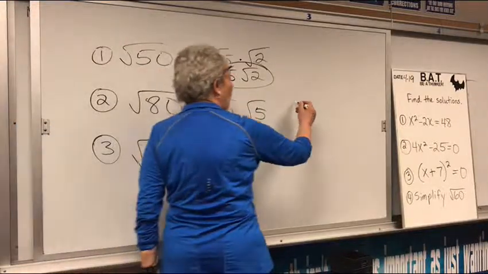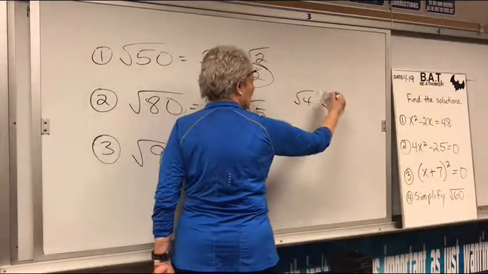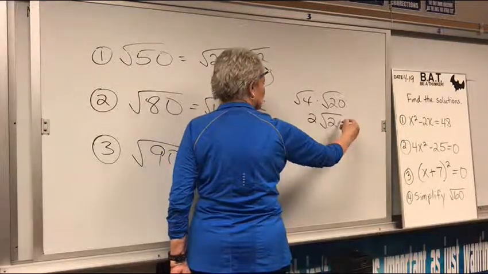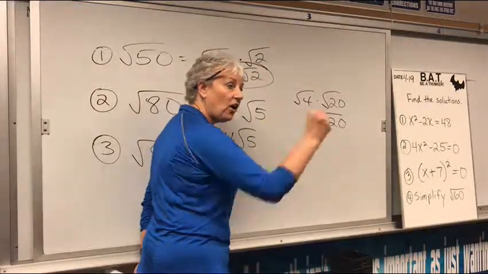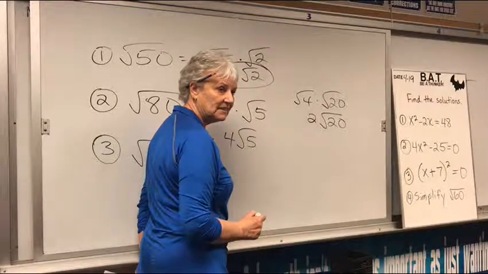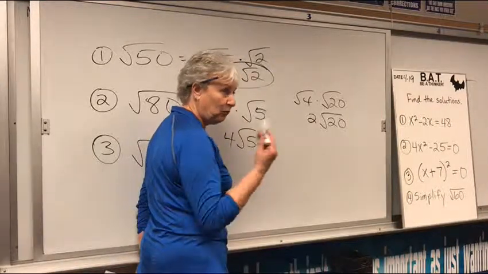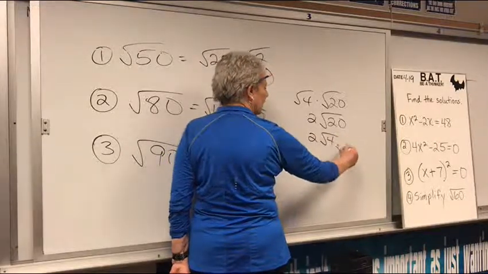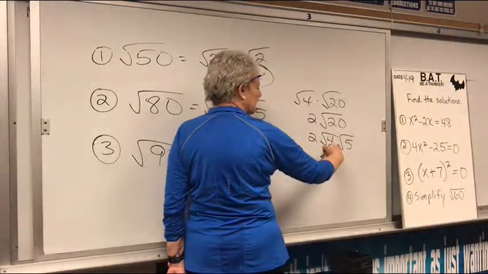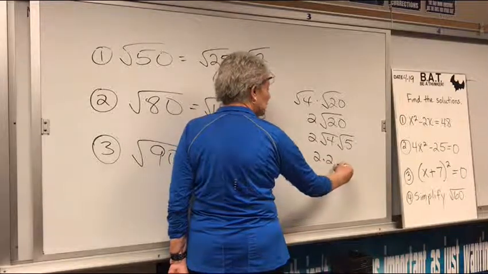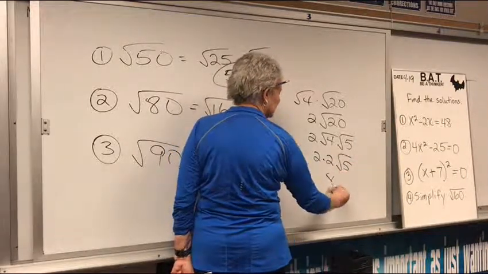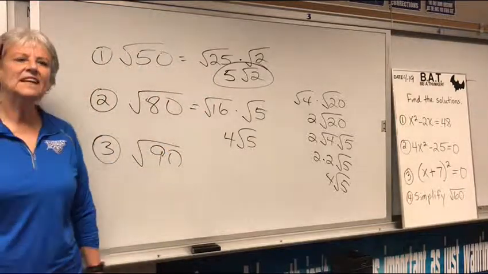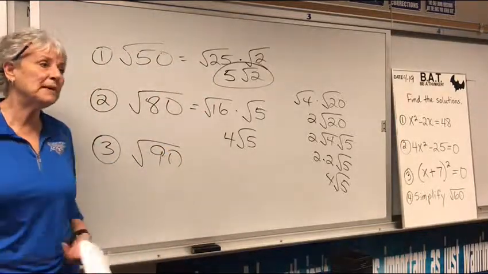The square root of 4 times the square root of 20 is 2 times the square root of 20. But the 20 also has a 4 in it. That's where the 16 came from. 4 twice. 2, radical 4, radical 5. That's 2 times 2, and you get the same answer. It's just longer because you didn't know the biggest one.